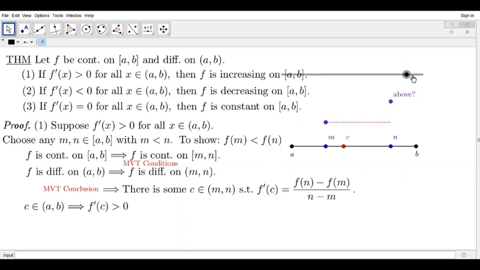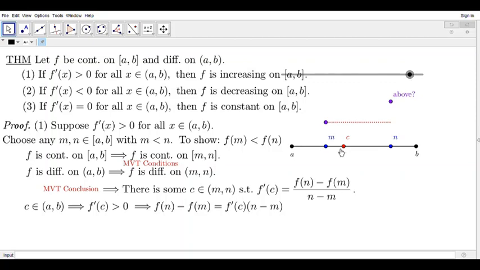How then are we going to use that? Let's look at this equation characterizing the number c. F prime of c is equal to that fraction, or equivalently, the numerator of the fraction, f of n minus f of m, is equal to f prime of c multiplied by n minus m. Now, we just pointed out that the first factor, f prime of c, is positive, but what about n minus m?